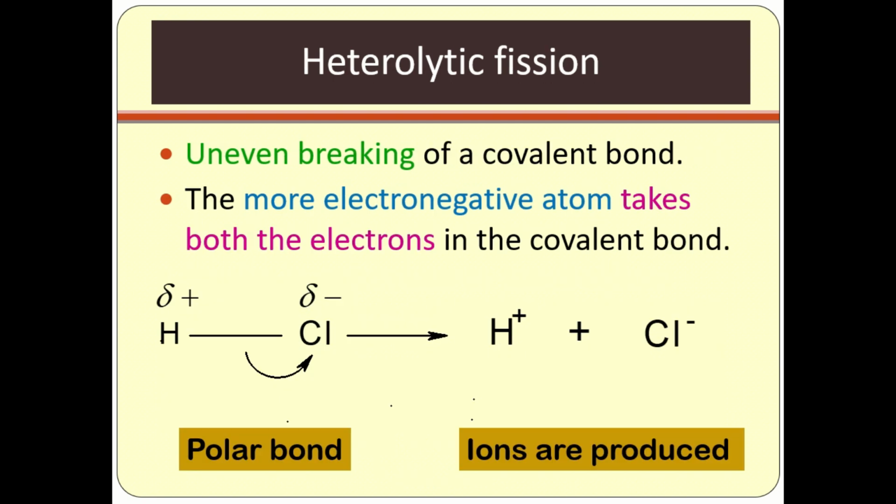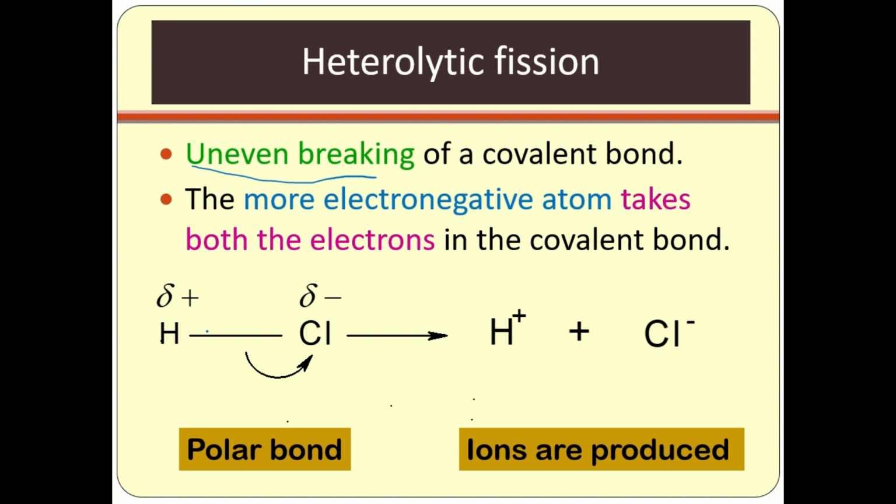Now we go to the next type, heterolytic fission. Heterolytic fission means uneven breaking of a covalent bond. When the breaking is uneven, one of them will take both the electrons, the other one does not take any of the electrons in the covalent bond. Here the example is HCl.